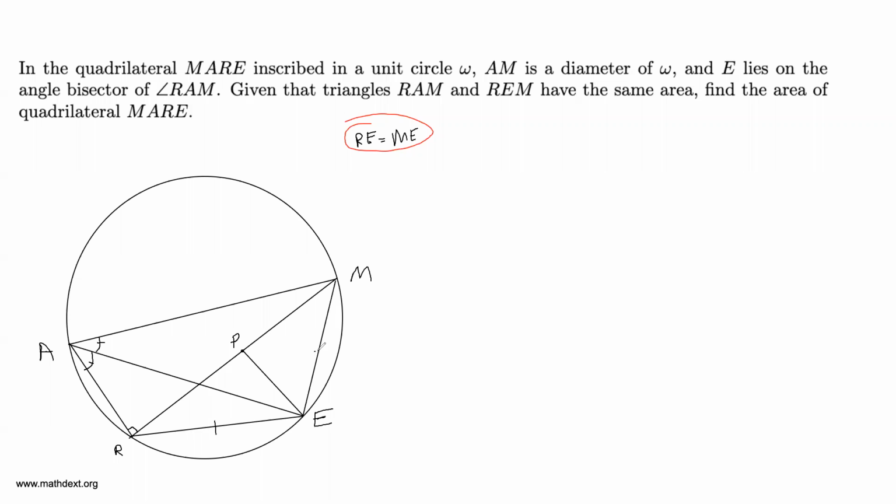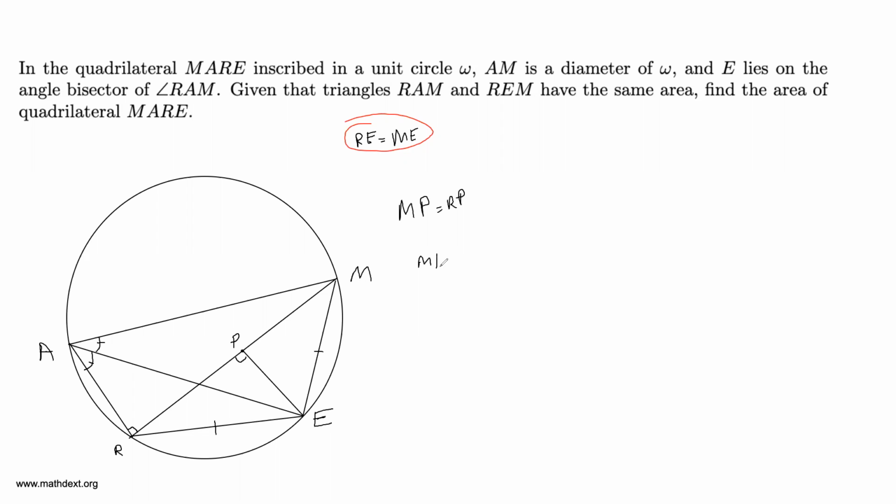And now what am I going to do? Remember we just dropped altitude EP on MR. But now that we know triangle MER is isosceles, we actually have that MP equals RP. You can use hypotenuse-leg congruence to prove this.